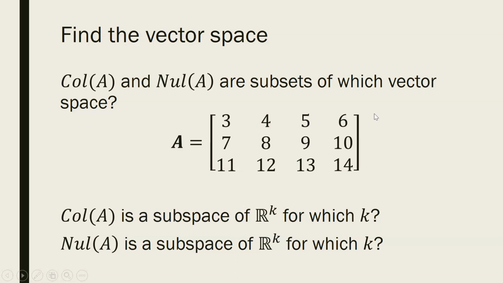That means the vector will have to have 4 entries in order to multiply by A. So the null space is a subspace of R4. Column space is a subspace of R3, and null space is a subspace of R4.